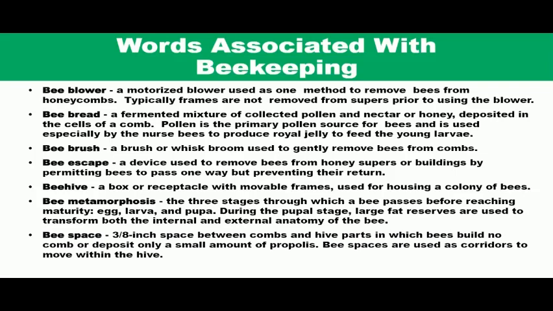Then you have the bee space, which is about 3/8 inch space between combs and hive parts in which bees build no comb or deposit only a small amount of propolis. Bee spaces are used as corridors to move within the hive. You know, if every space is filled, there will be no place to actually gain access. Okay, so that's the purpose of the bee space.